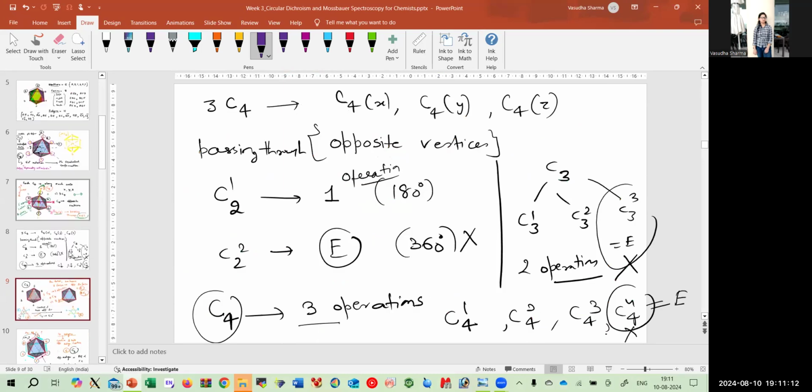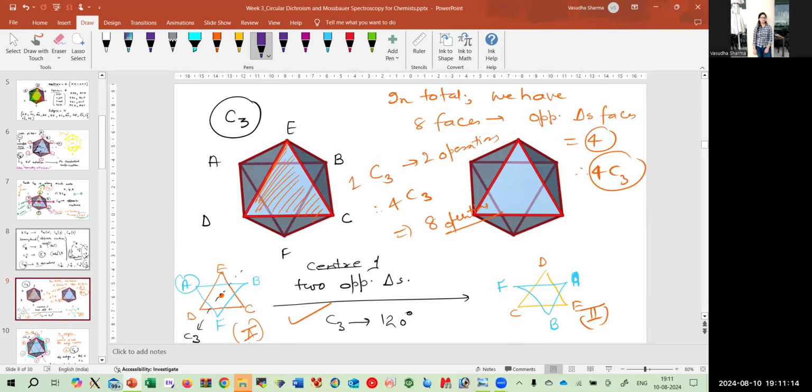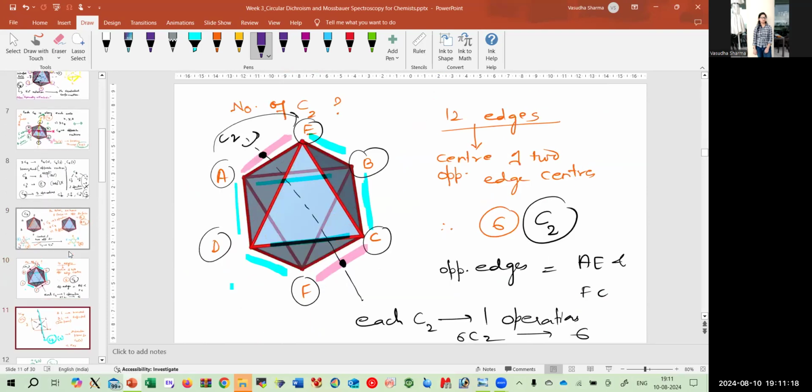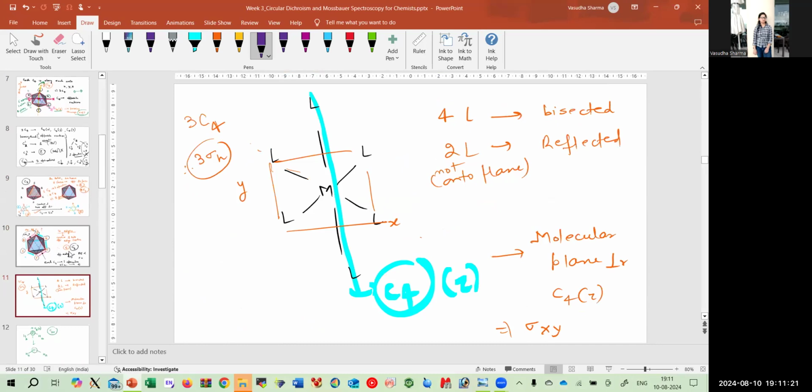Then we saw how many operations are possible from C4, then C3, followed by C2, and the corresponding planes and other things, and the inversion center as well.